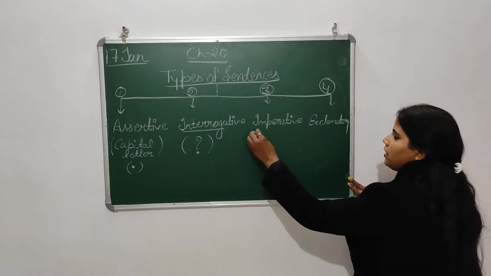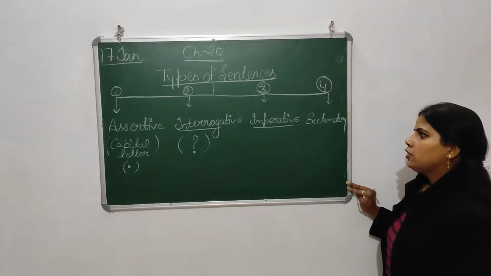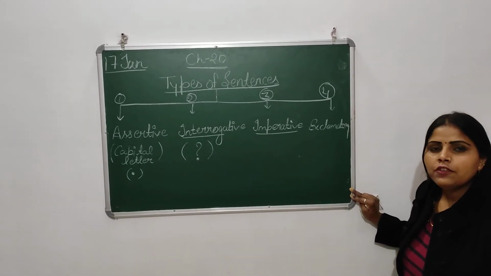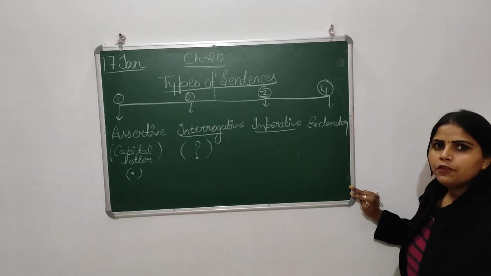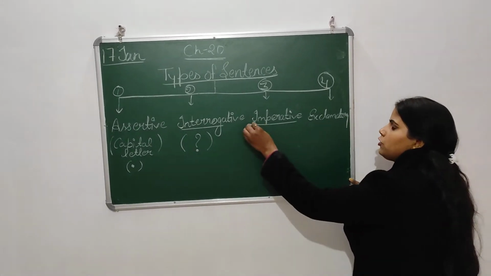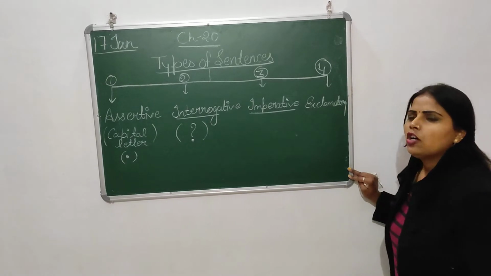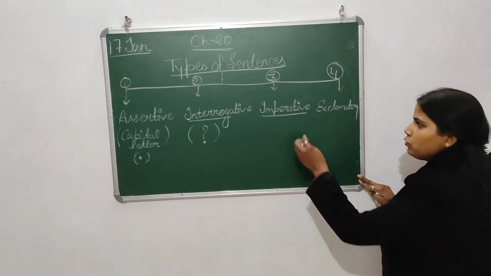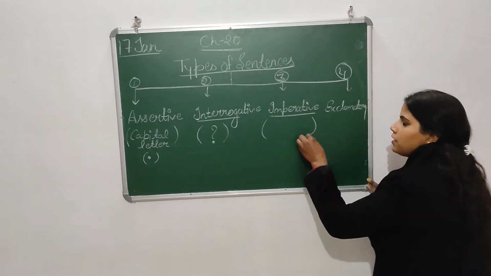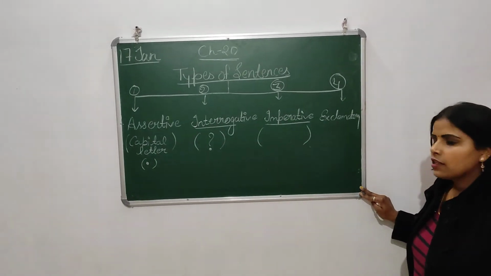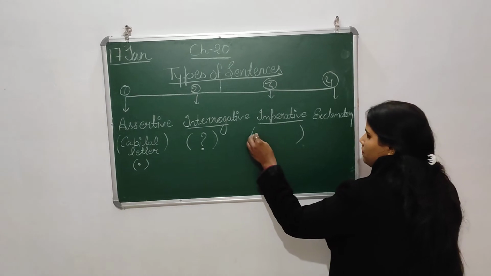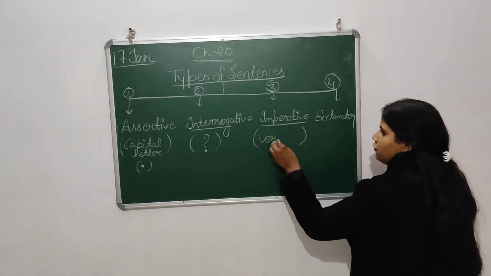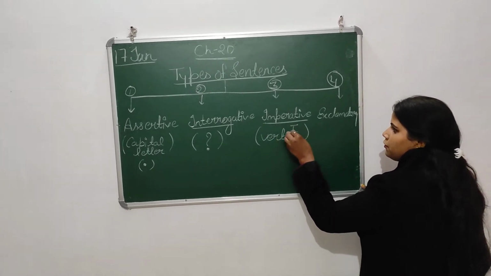Okay. What is an imperative sentence? Imperative means a kind of urgency with a kind of importance. So in an imperative sentence, there is a kind of order, request, advice, or command. To find out this kind of sentence, you can always look for the verb first form.